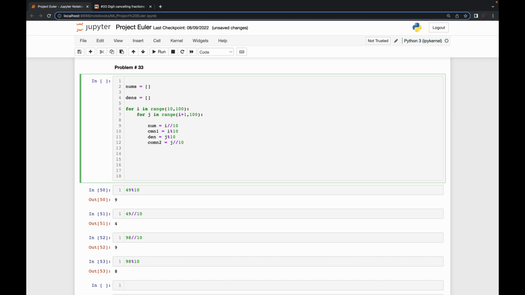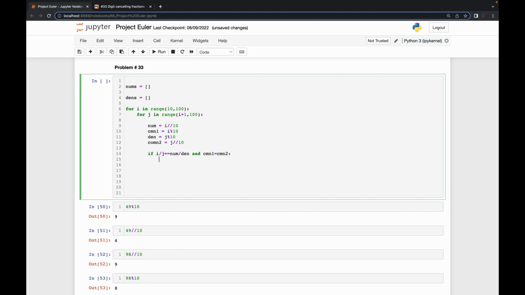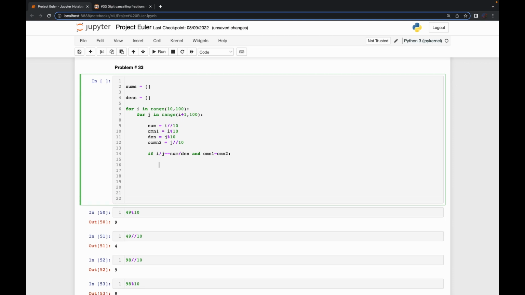Once we have got that, we have to check our condition. We want to check if i divided by j is equal to numerator divided by denominator, and common one equal to common 2. If this condition holds, let's print it. Let's see what happens.